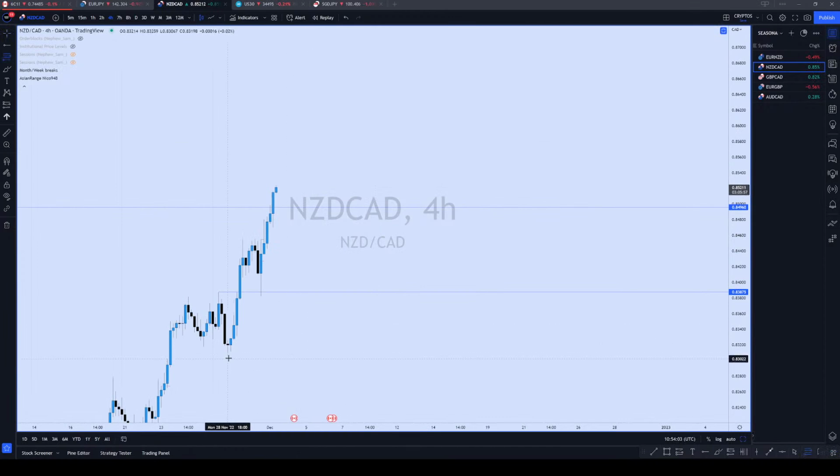Structure your charts. Right there. Okay, so you can see that this one failed to get to discount. So if you were trying to buy in terms of us being bullish, then this one wouldn't have given you an entry because it did not trade into discount.